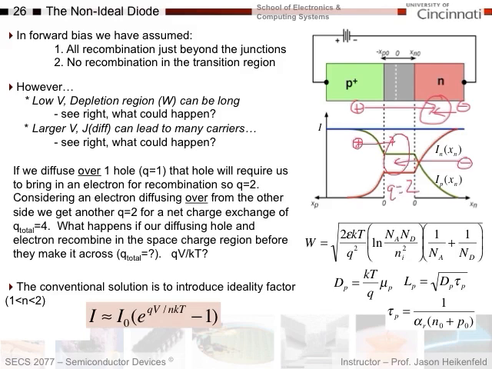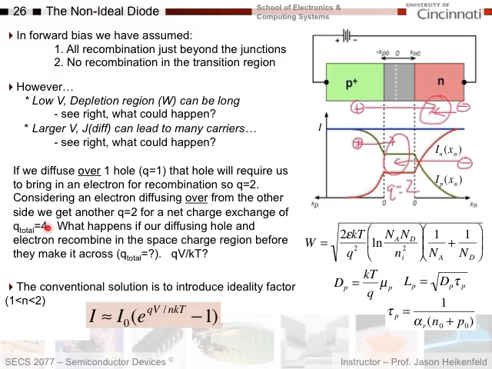Again, when the hole made it to the other side, I had Q equals 1 make it across, and it recombines with an electron, which requires me to bring another electron in, so a Q total of 4 for both the electrons and the holes. But if the hole goes across here and the electron comes this way and they recombine here, then the process is dead and killed with a total Q of 2, not a Q of 4. And so as a result, my diode is half efficient at generating current.